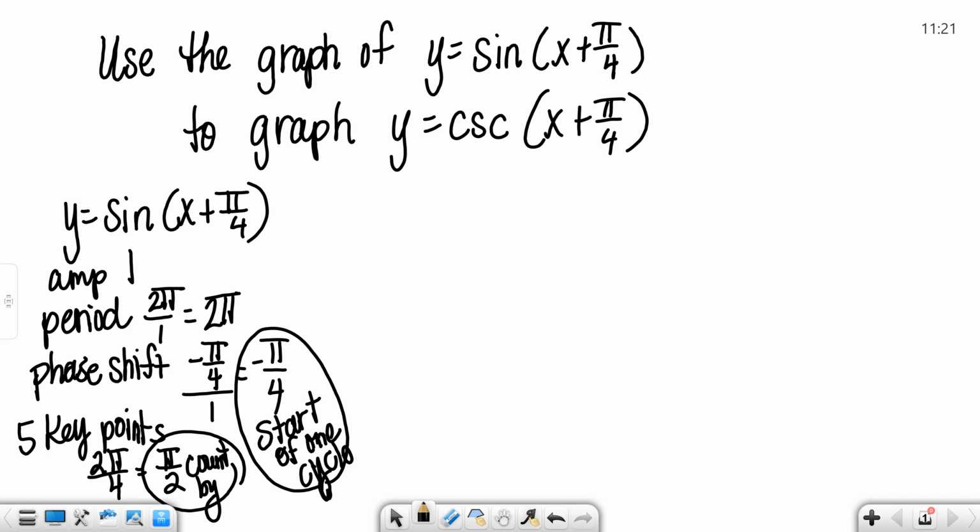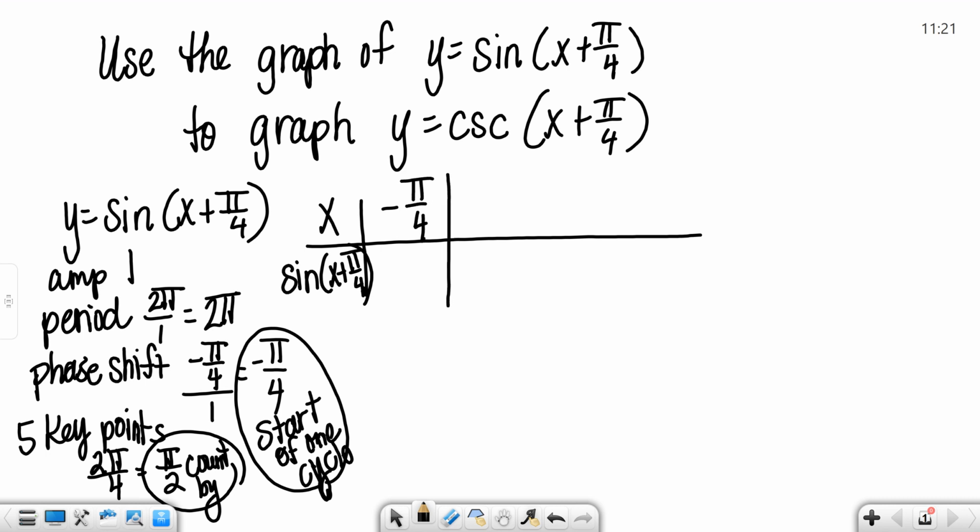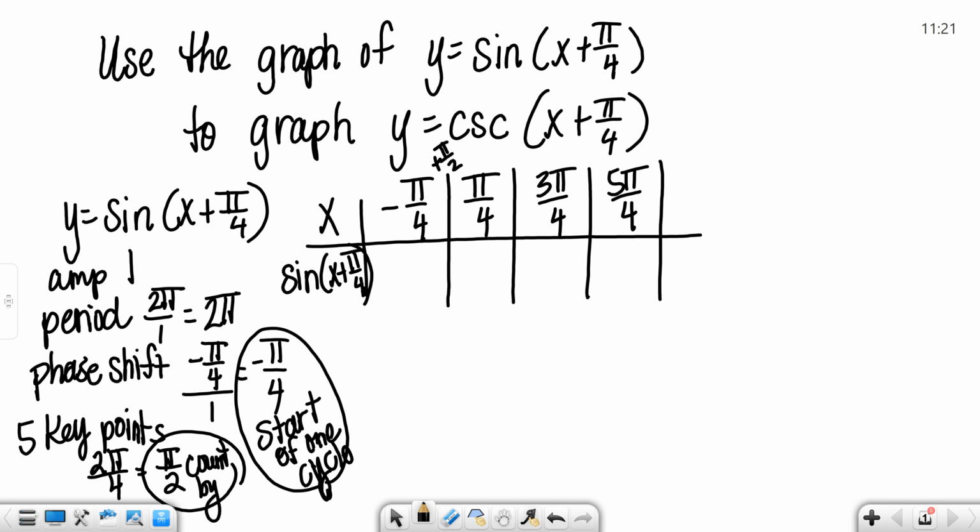Let me sketch a little table. We are still working on sine, so I'm going to write sine down here. We're starting at negative pi over 4 and counting by pi over 2, so we add pi over 2. When I do that, I get pi over 4. Add pi over 2, you get 3 pi over 4. Add pi over 2, you get 5 pi over 4.